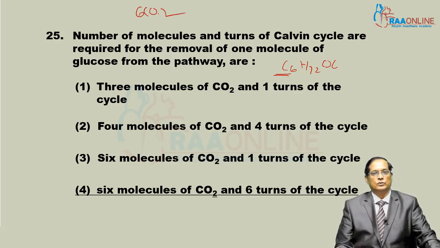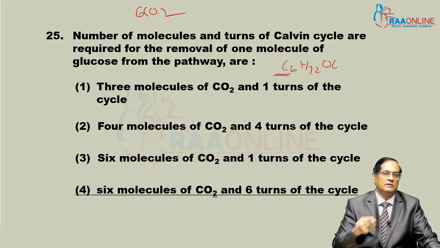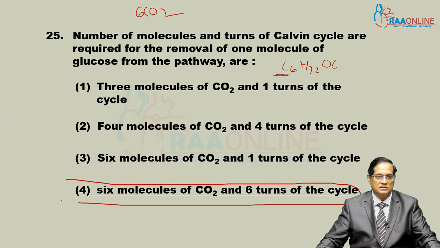For 1 CO2, 1 Calvin cycle turn. That's why for 6 CO2, 6 turns of the Calvin cycle take place and 6 molecules of carbon dioxide are utilized. This is the correct answer. Already marked actually, sorry.